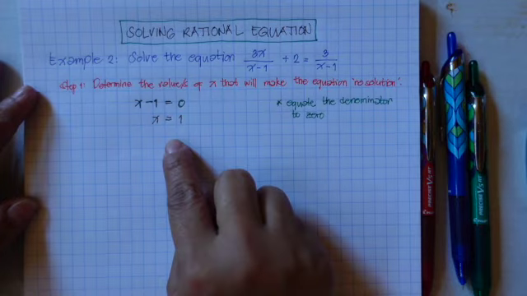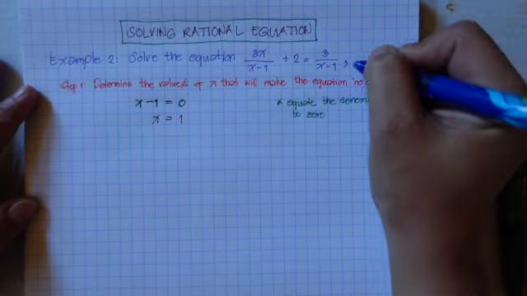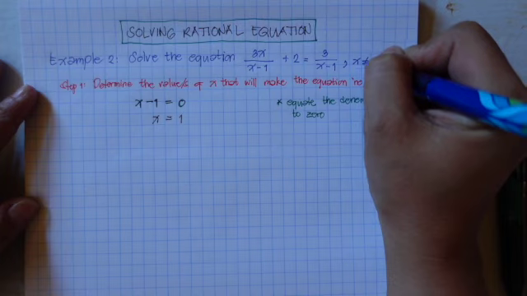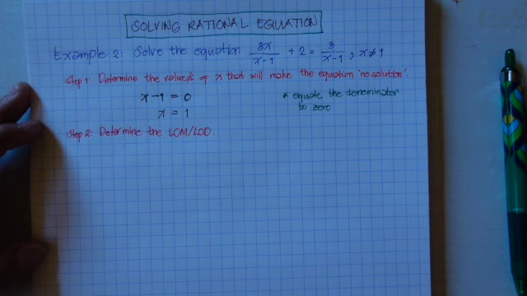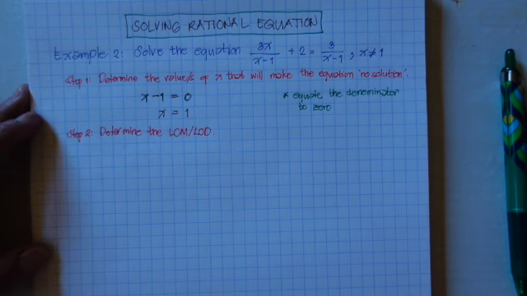So therefore, in this equation, x shouldn't be equal to 1. After that, we will determine the LCM or the LCD, and we're lucky enough because we have the same denominator, so that is the LCD of this equation.